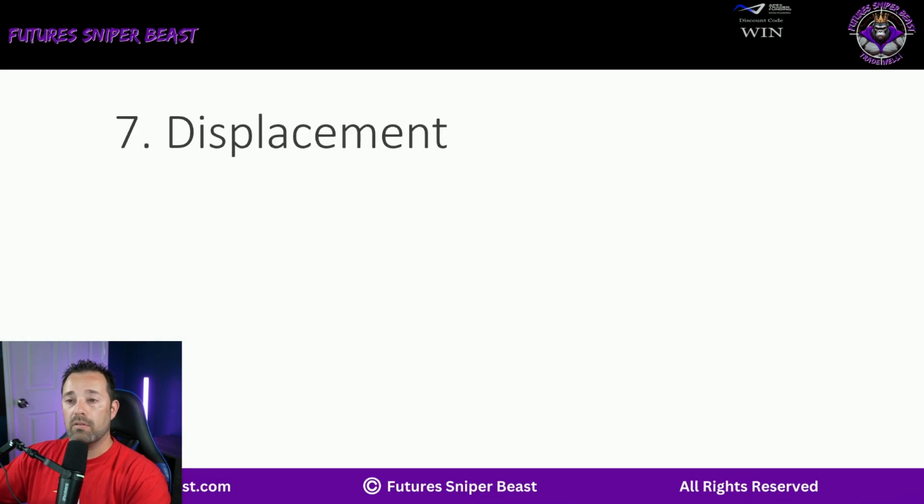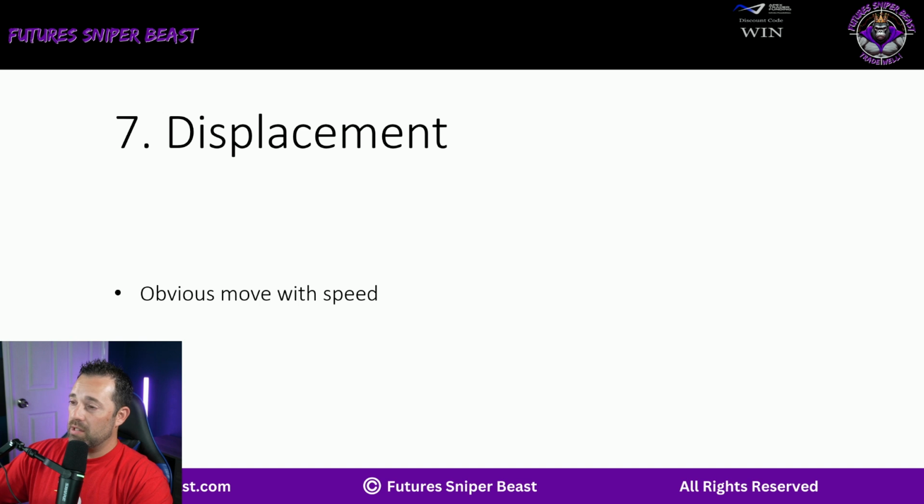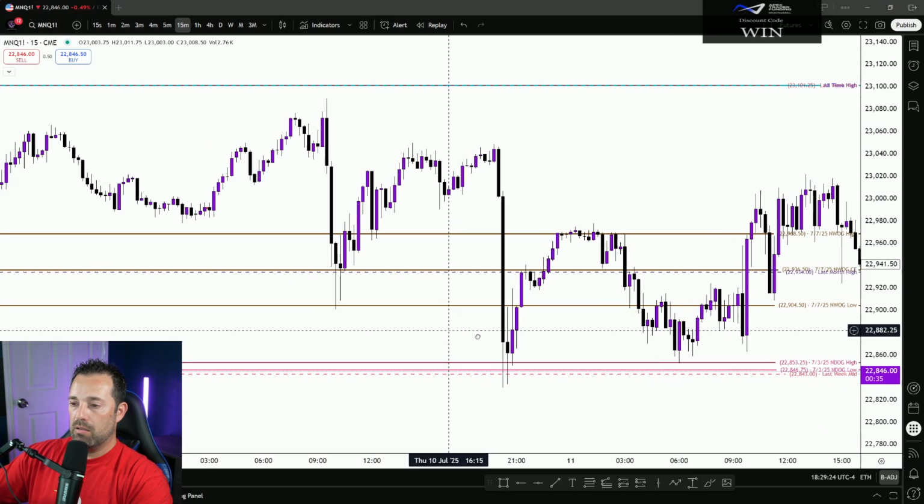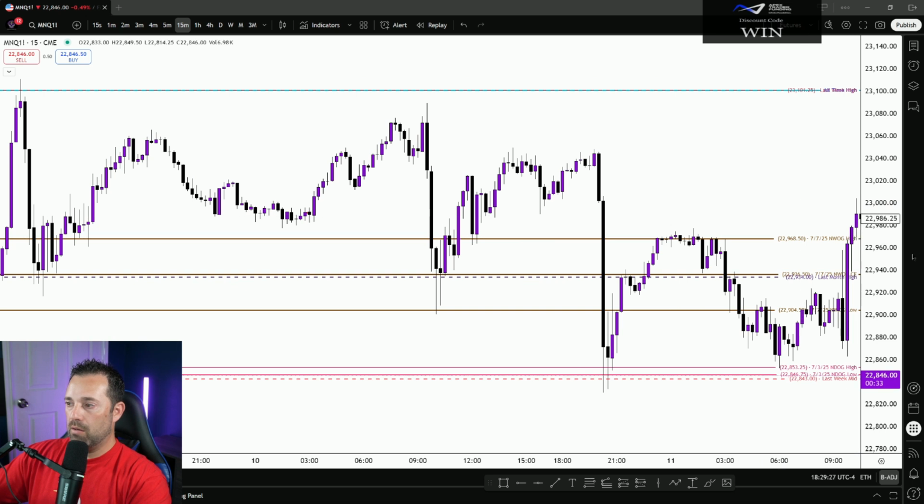We have displacement. Displacement is when you have an obvious move with speed. Okay? Prime example right here. It's when price displaces out of the area. When you have price doing this, see how it's kind of just going here, kind of going here, here, here. Comes down here, but then here, here, here, here.